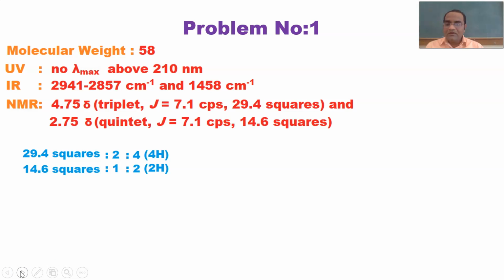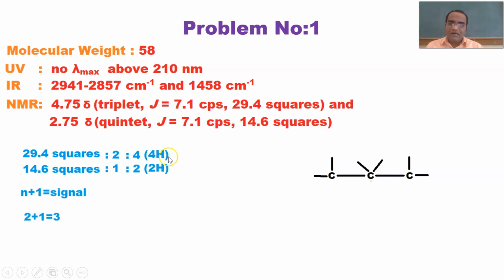Now the n+1 formula. The first signal is a triplet, which means the adjacent carbon has 2 hydrogens and it will give a triplet. So I will write a carbon skeleton of 3 carbons, because the number of hydrogens of one type is 4 and of the second type is 2.